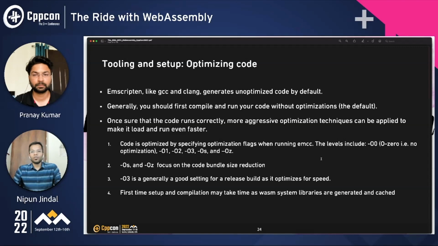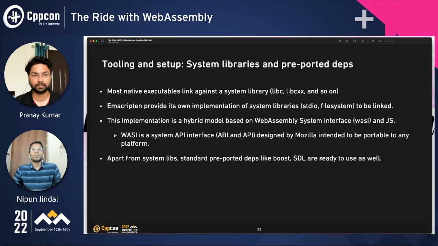And then when you first compile the WASM library, the system libraries will be generated and cached there. Now, one of the things to remember with system libraries and ported libraries is that EMCC provides its own implementation of all the header files and system libraries like stdio and file system. There will be a separate implementation from these, apart from, let's say, a Mac or a Linux implementation that's already available on the system.